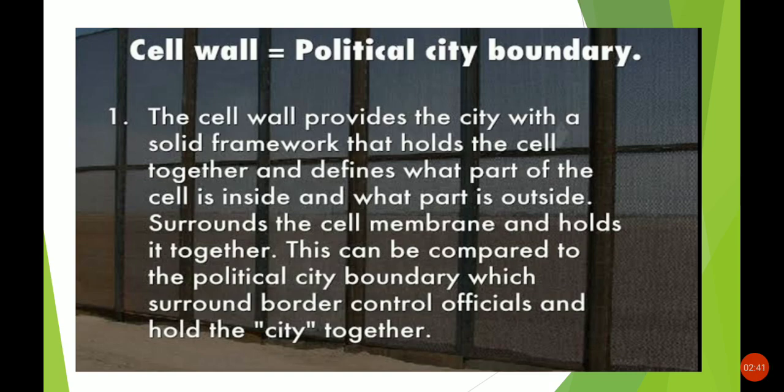So students, here the cell wall is different and the cell membrane is different. The cell wall surrounds the cell membrane and it holds all the cell organelles which are inside the cell. So this is about the cell wall.